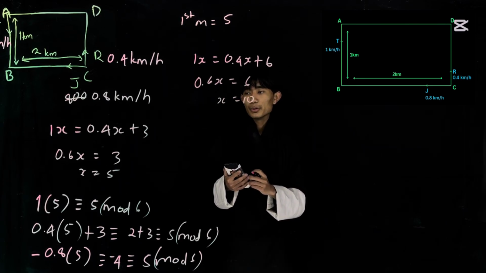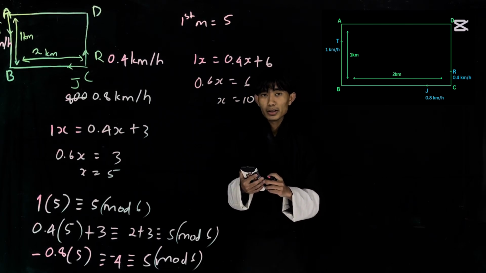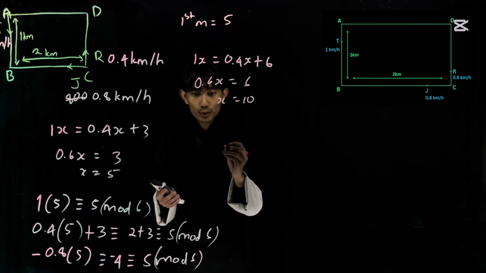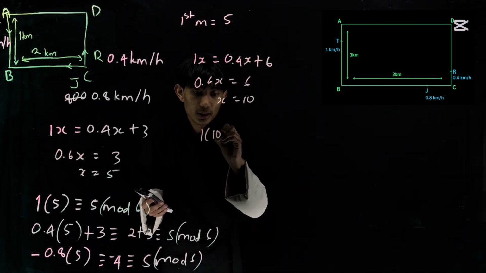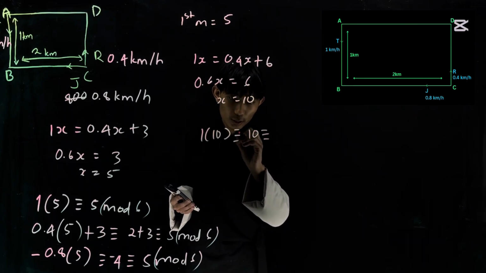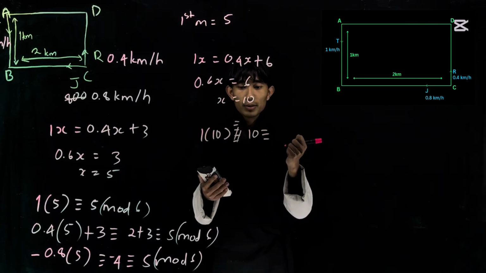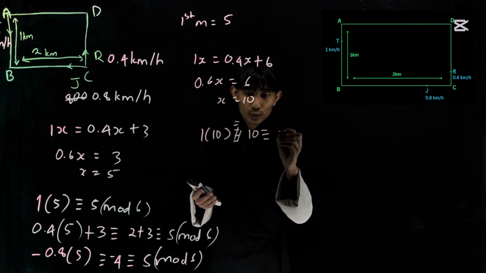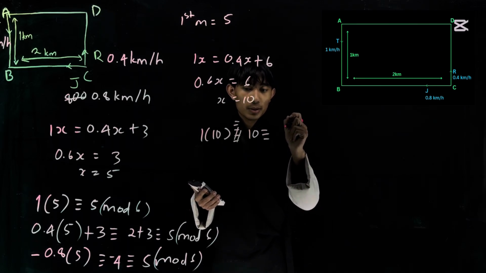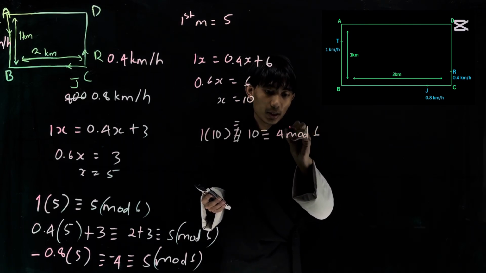Now, similar to what we did before, we'll calculate the position of all three riders relative to the position of their first meeting. So we have 1 times 10, which is congruent to 10, and 10 is 6 plus 4, so this will be 4 mod 6.